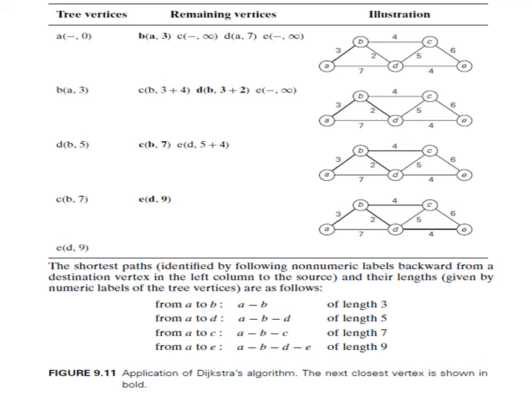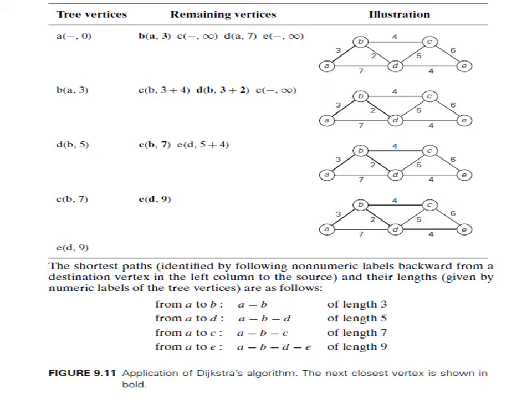So add the new path. Here we have to find the shortest path. So D to B is 2, A to B is 3, so 3 plus 2, which is equal to 5, and B to E we don't have any direct edge, so we cannot add it. It was infinity, write it as it is.